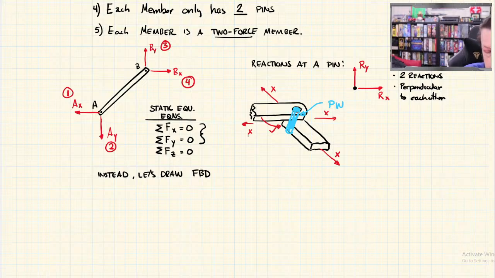FBD is free body diagram. I'll go ahead and write it out this time. So let's draw the free body diagram of member AB as a two-force member.